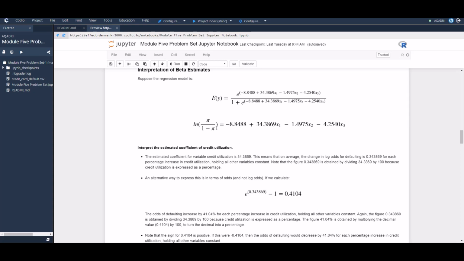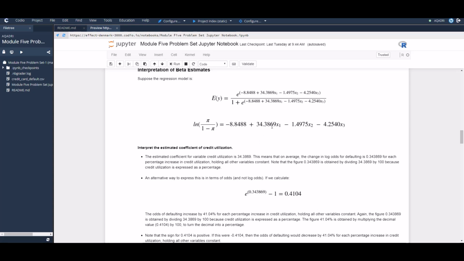It would just be that log of odds would decrease by 1.4975 for each unit increase in x2. Just like before, very simple, the only difference being log odds. Here we have a situation where the x1 predictor is quantitative but expressed in terms of percentage, and therefore we have to consider a 1% increase, not a 1 unit increase, which would be 100%. I hope this is clear.